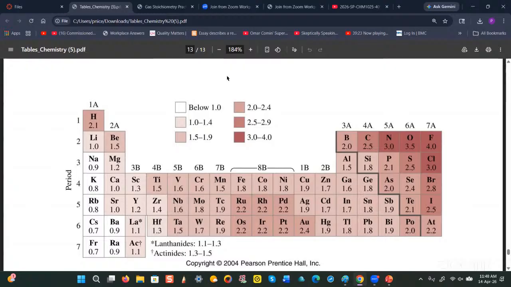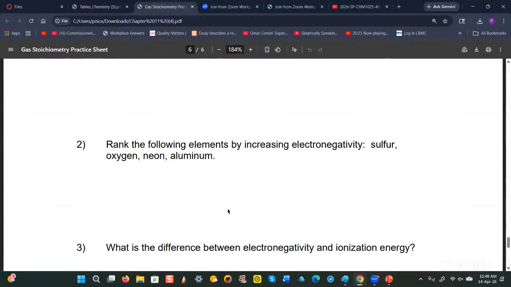Okay, so with that said, let's go back to the question. Rank the following elements by increasing electronegativity. Remember what I said: going from left to right, the electronegativity will increase. Going from top to bottom, the electronegativity will decrease. Remember it says increasing electronegativity, so you're starting from the smallest. I would say that neon will be the first one because neon, as I said before, has very little tendency to attract electrons to itself.